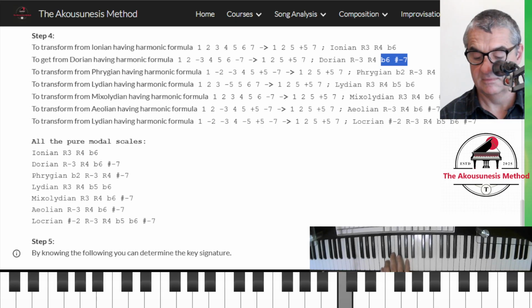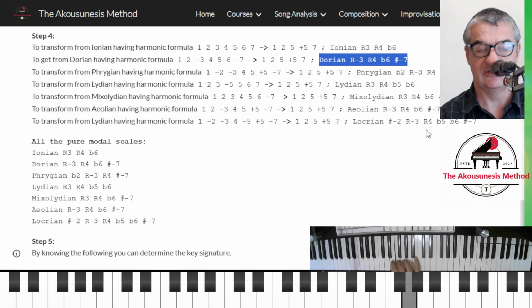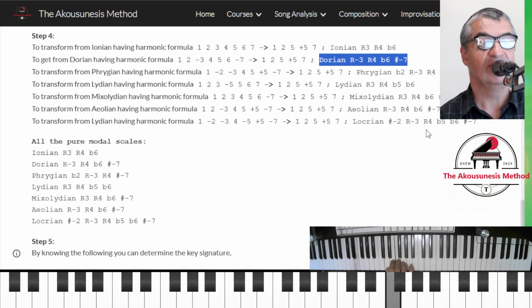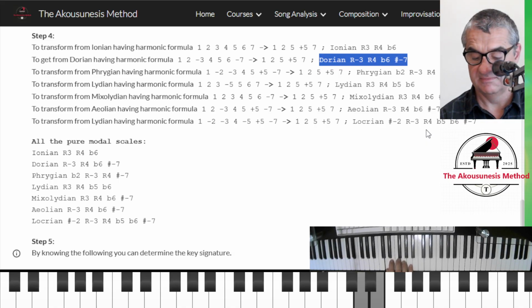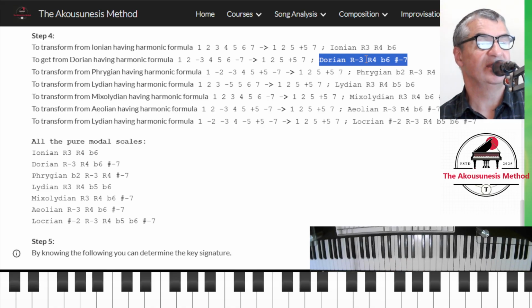Okay, so we've got a Dorian. There's our Dorian. Remove the minus 3 and the 4, so that's back to the Dorian. And then what we have to do is flatten the 6.